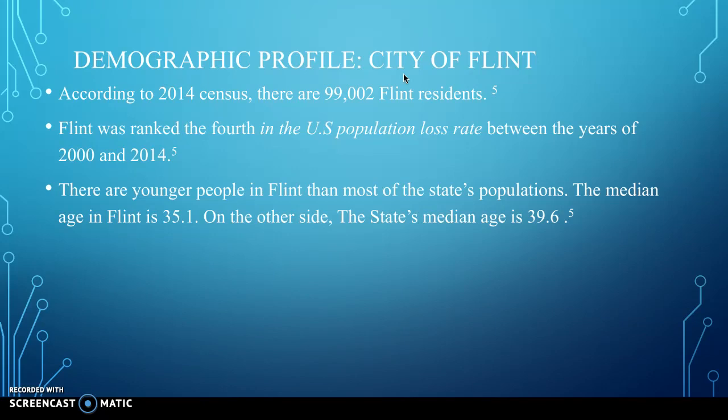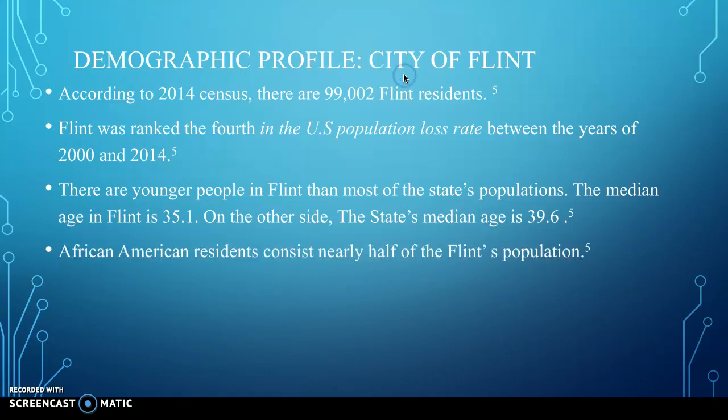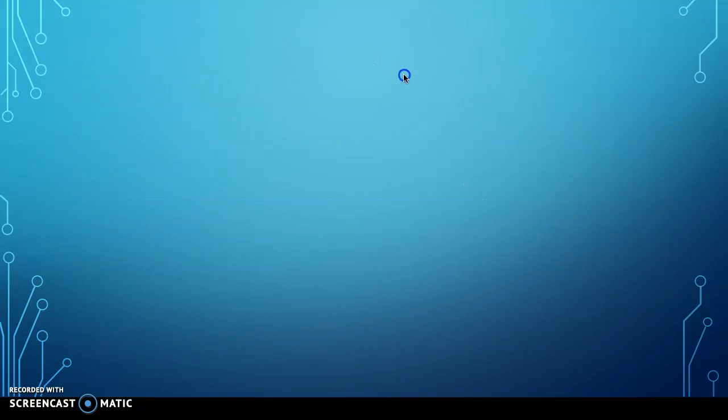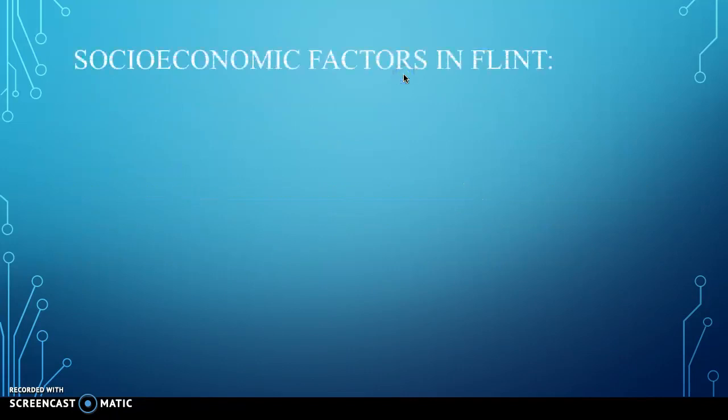The median age of Flint is 35.1, while the state's median age is 39.6. African American residents consist of nearly half of Flint's population. The young population is a big asset for Flint, which we can use for better education, better employment, and more resources for the community.